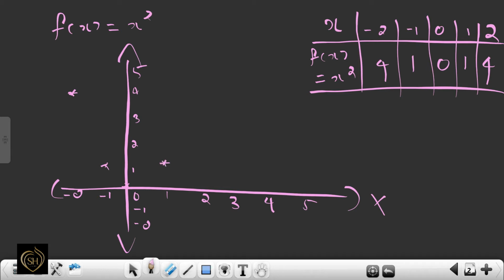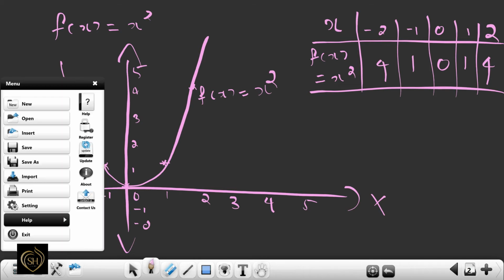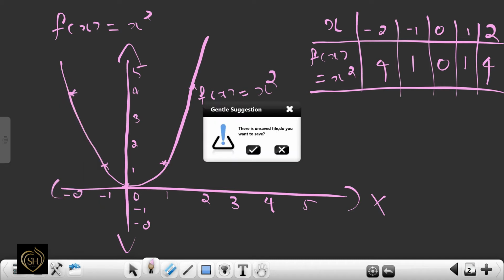Fourth point is 1, 1. Fifth point is 2, 4. We can join these points. We get the graph of f of x equal to x square. We can complete the graph of the function without lifting the pen. Such functions are called continuous functions.